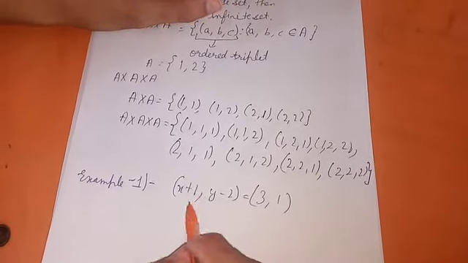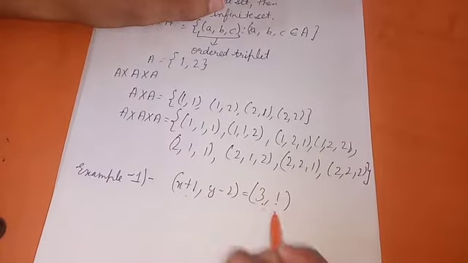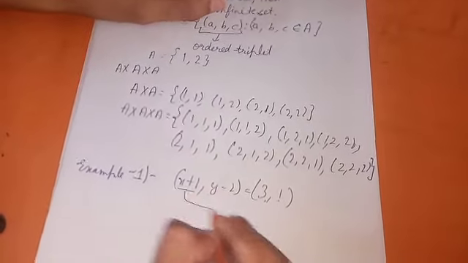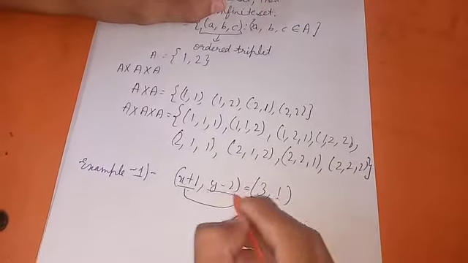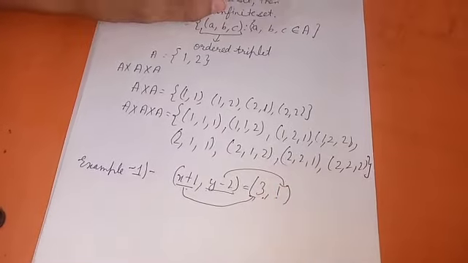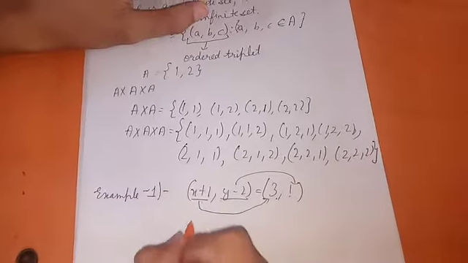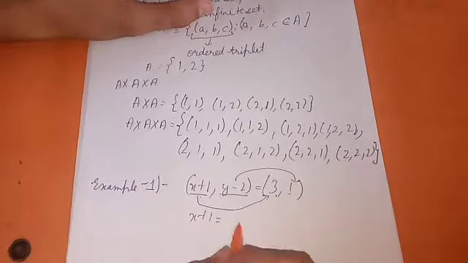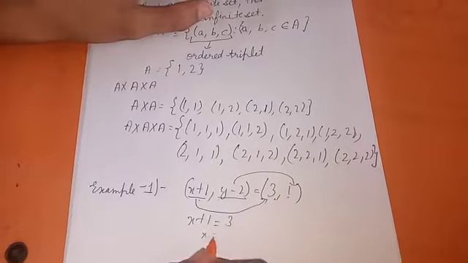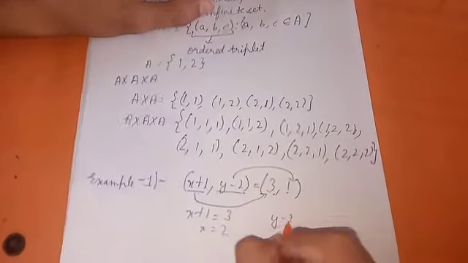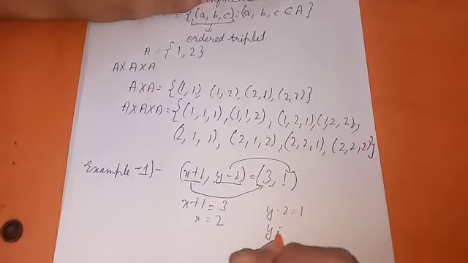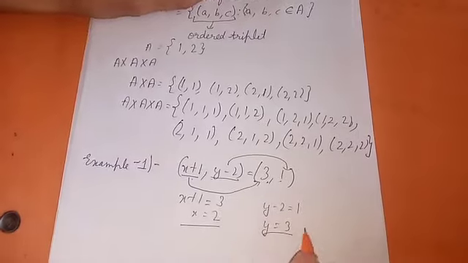Since these ordered pairs are equal, this is equal to this and this is equal to this. So x plus 1 will be equal to 3, so x is equal to 2, y minus 2 is equal to 1, and y is equal to 3. So these are the values of x and y.